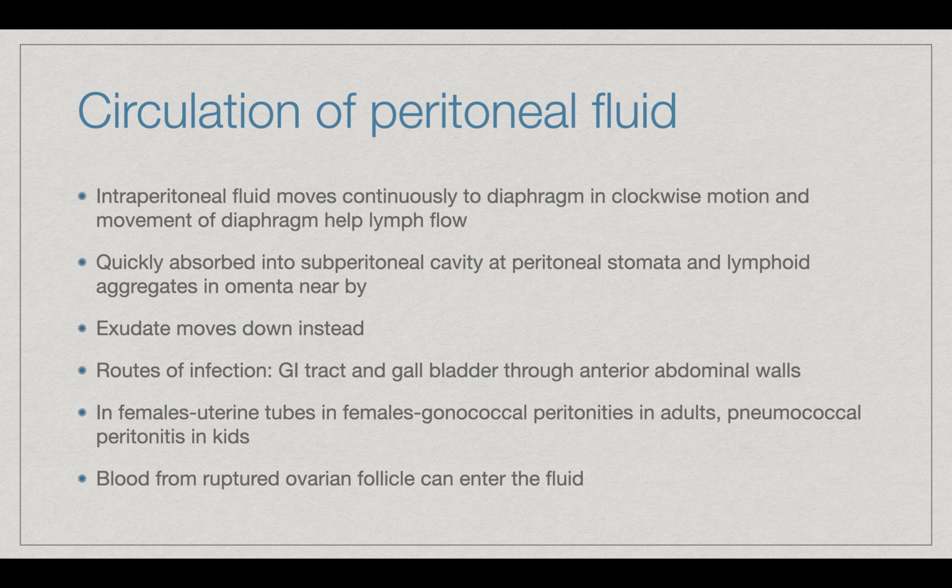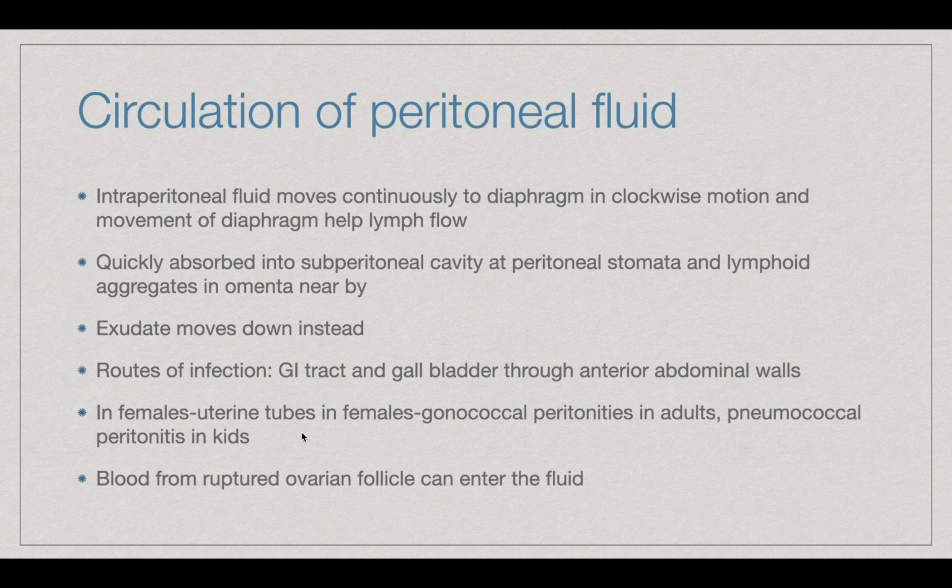Okay, so the circulation goes in a clockwise motion, and it's helped by the movement of the diaphragm. And it's absorbed in the subperitoneal cavities around the peritoneal stomata, and the lymphoids will aggregate. The exudate will move down while the peritoneal fluid just goes in circles.